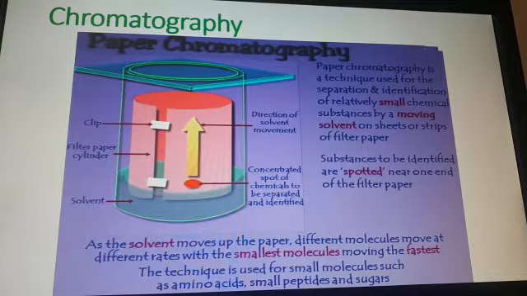Paper chromatography is a technique used for the separation and identification of relatively small chemical substances by a moving solvent on a strip of filter paper. As the solvent moves upwards, the different molecules move at different rates, with the smallest molecules moving fastest. This technique is used for small molecules such as amino acids, small peptides and sugars. This is a very important method in identifying the pigments in a solvent.